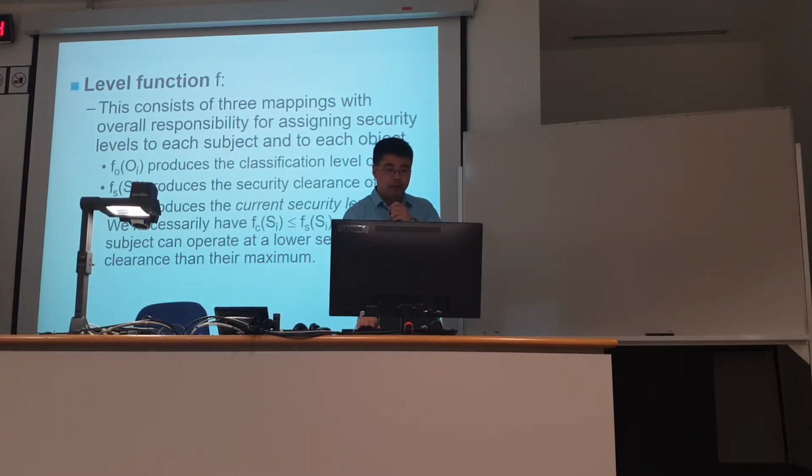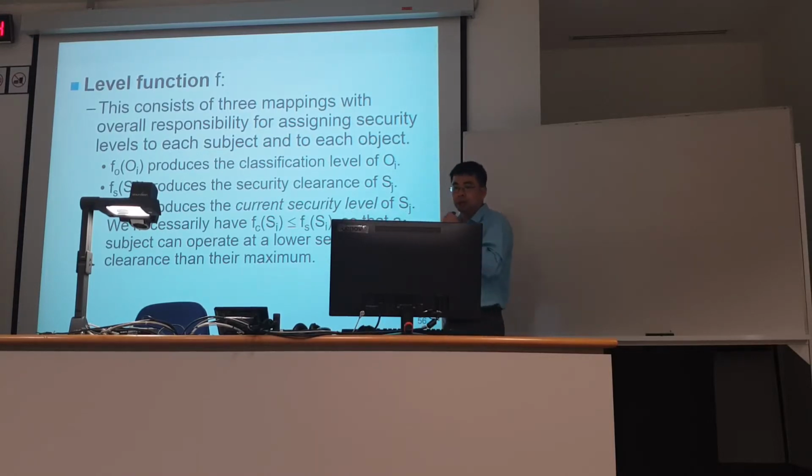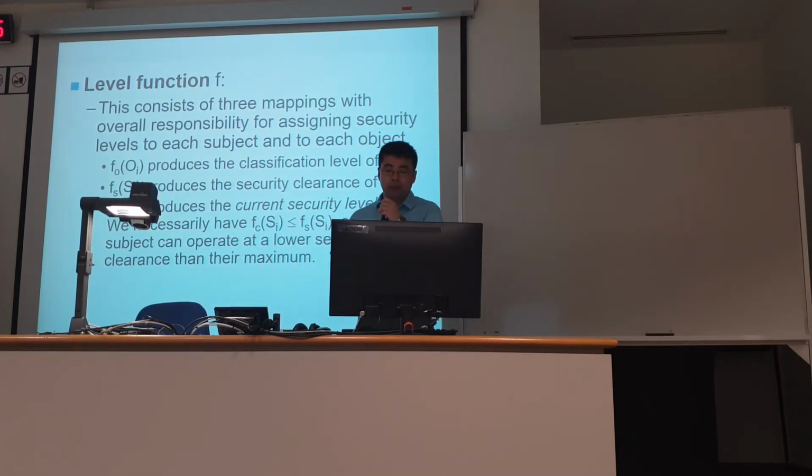However, on top of that, we will also define the levels. So we will now add some additional restriction, which is based on the levels of the objects and the levels of the subjects. In particular, we define the level for the objects. And for the subjects, actually we have two different levels. One is the default clearance, the default security level.